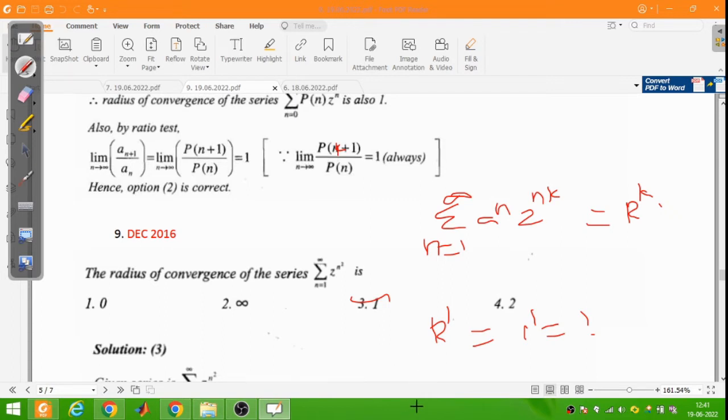If I forget this formula, then how do we identify this radius of convergence? Suddenly I don't remember this property. Then how do we answer this problem? Any idea? Can you understand my question?